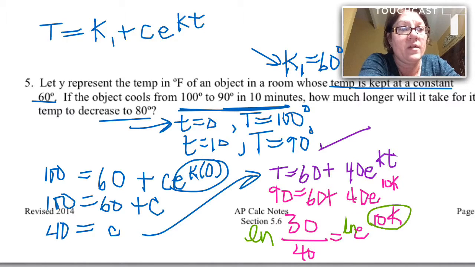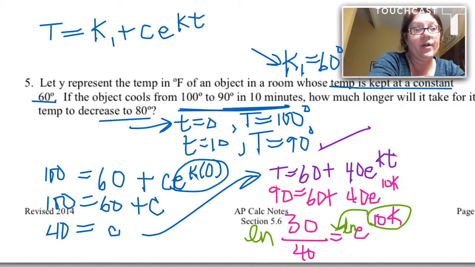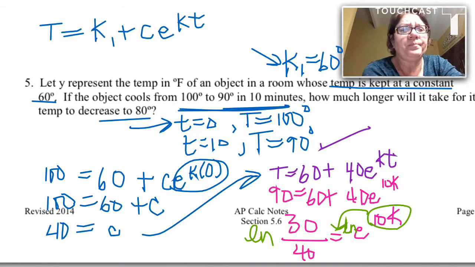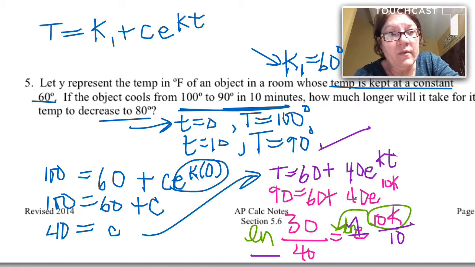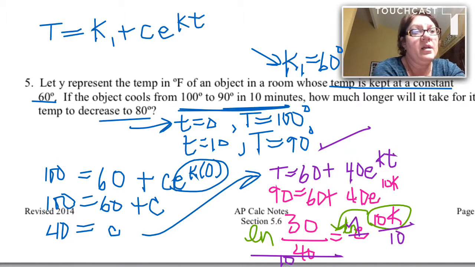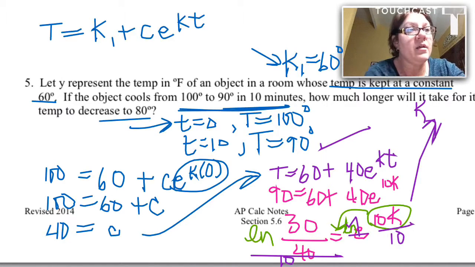In this case, I have to rescue it by getting a log. And then, of course, the natural log of e will be 1. And if I want to get k by itself, I'll divide all of this stuff by 10. And I'm sure my hamsters will give me some ridiculous number like negative 0.02.